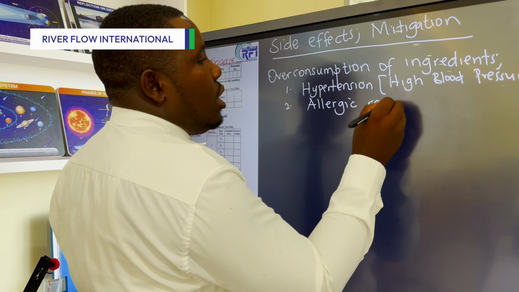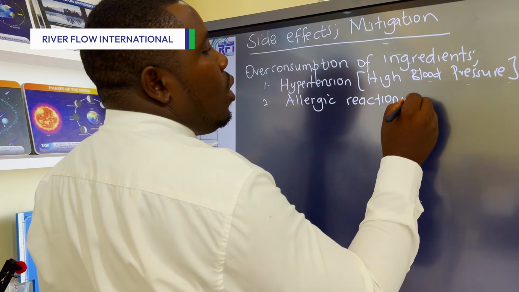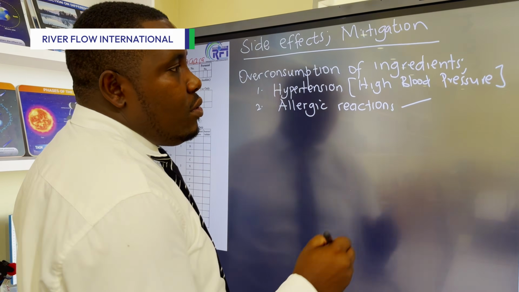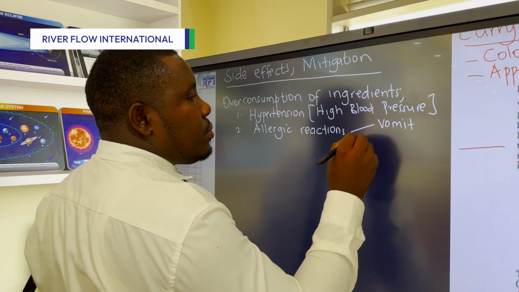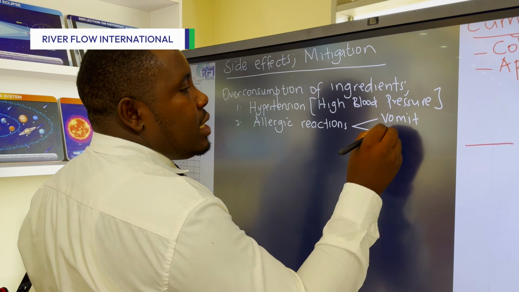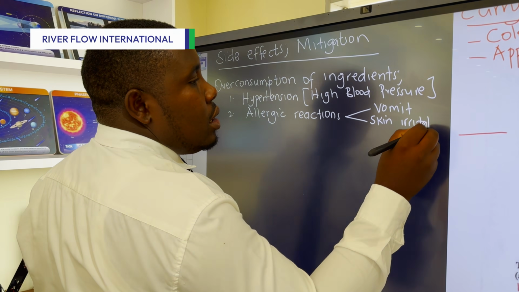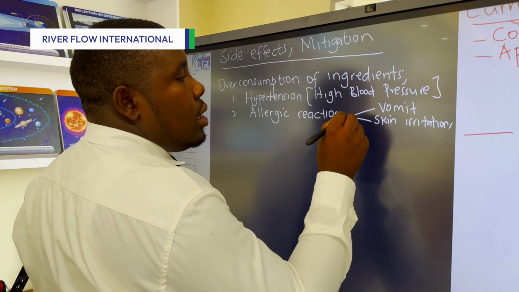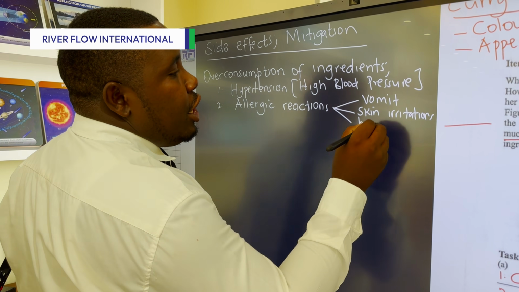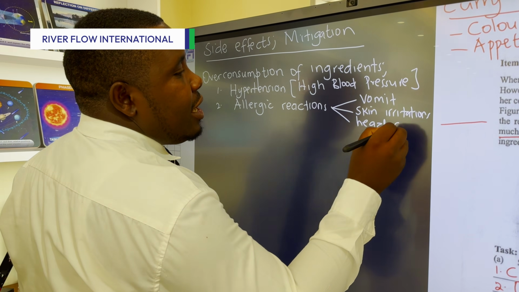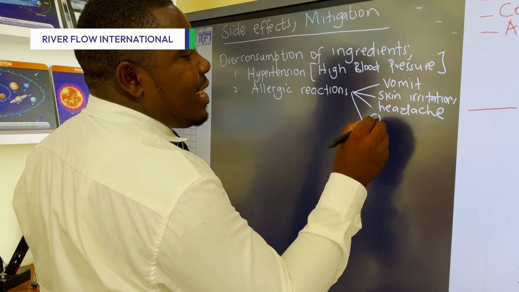reactions. Now, when it comes to allergic reactions, there are very many. What are some of the indicators of allergic reactions? Some people vomit, others have skin irritations, others have headache. There are some people who feel headache. Others have stomachache.